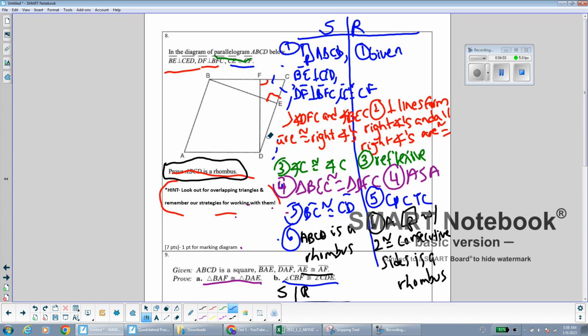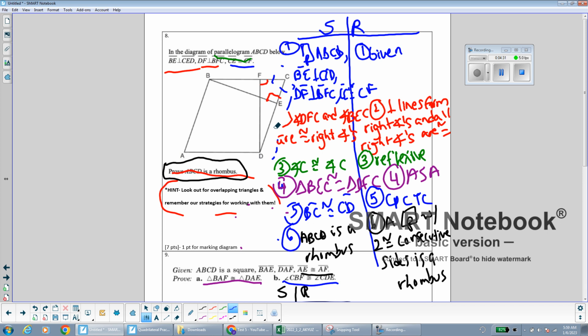Remember, anytime you're using addition postulate or subtraction, you're starting with congruent and adding congruent so that your sum stays congruent. So even though I'm starting with two congruent pieces, I can't add on two pieces to those congruent pieces unless those two pieces are in fact also congruent. Otherwise, I don't know if BC and CD are going to be congruent if I'm adding on two not congruent pieces.